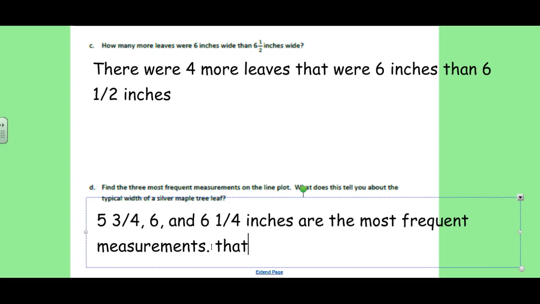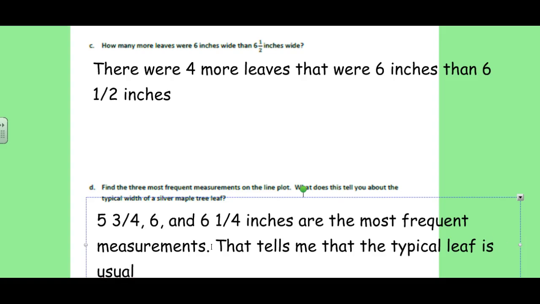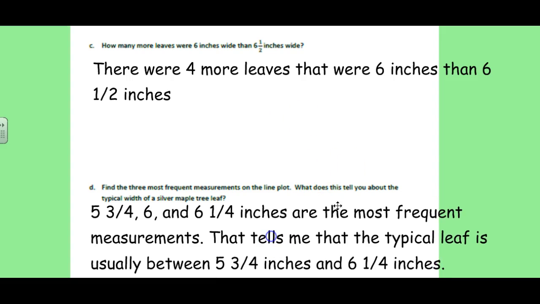So that tells me that the typical leaf is usually between 5 3/4 inches and 6 1/4 inches. As long as your answer is very similar to that, you're good to go for question D.